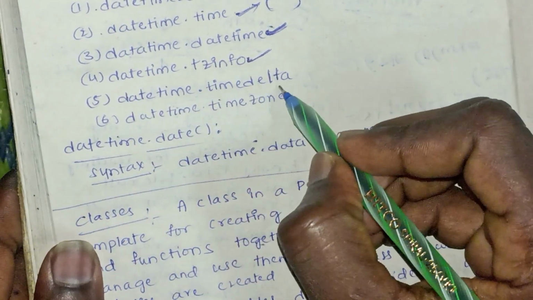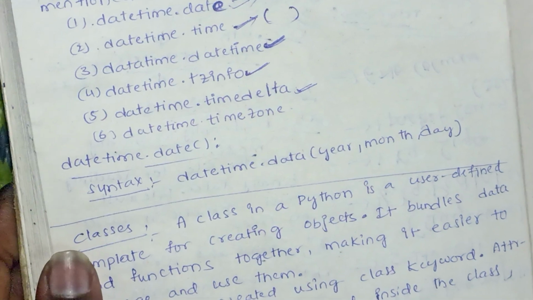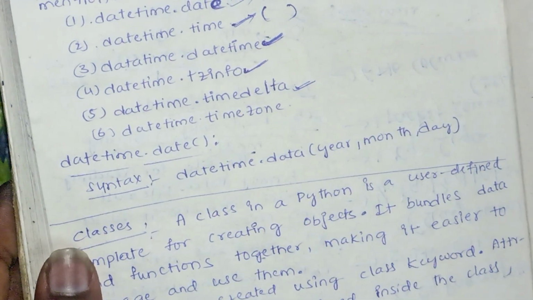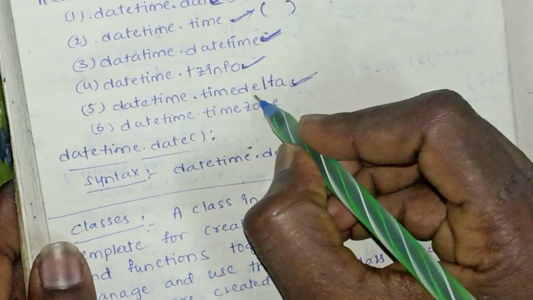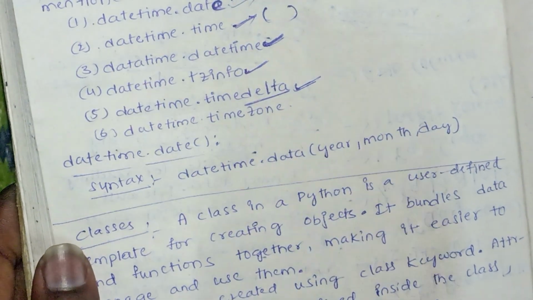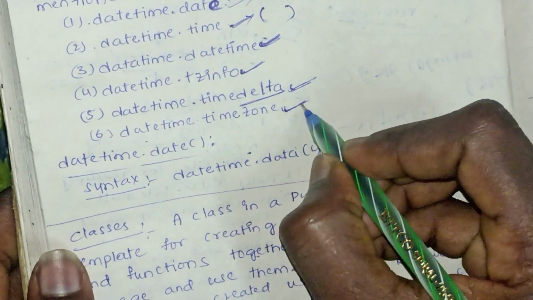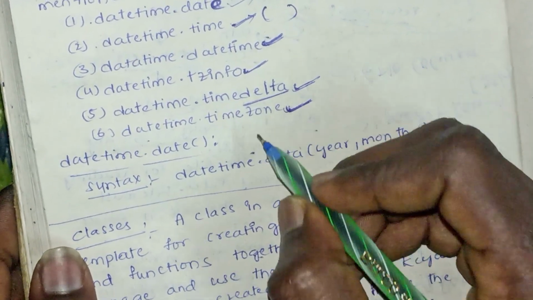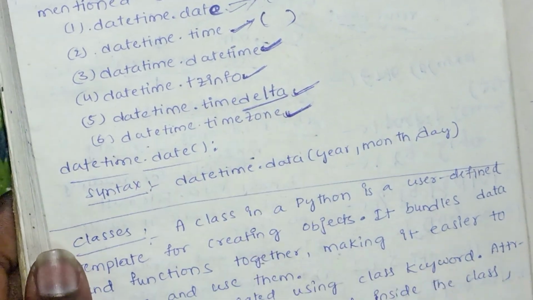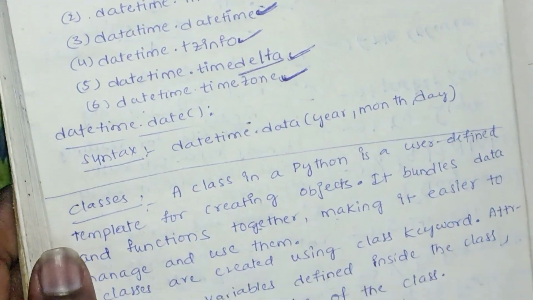Next, datetime.timedelta. Timedelta is also about time, but it gives some complexity of delta, so complex data will be produced as output. Next, datetime.timezone. What are the time zones present in Python in the presence of datetime? So these are the 6 different types of operations in Python.